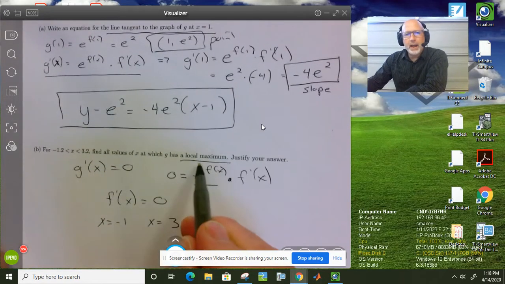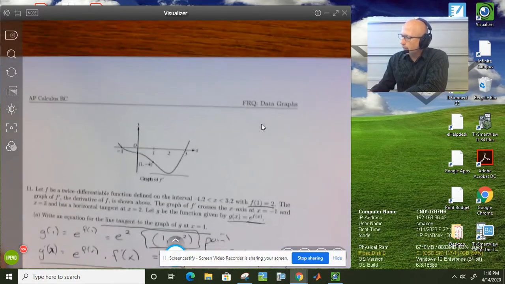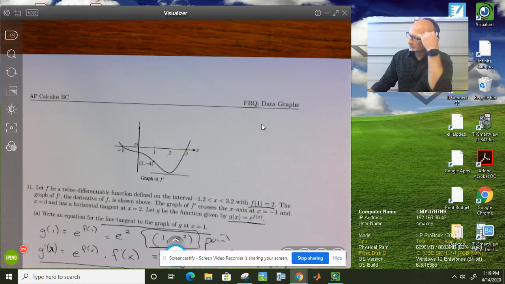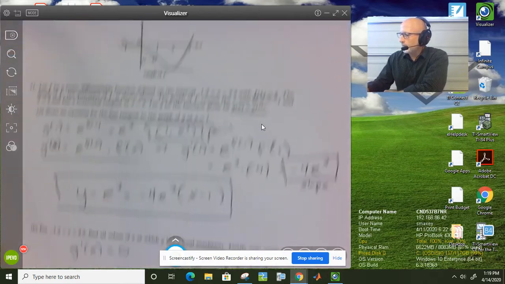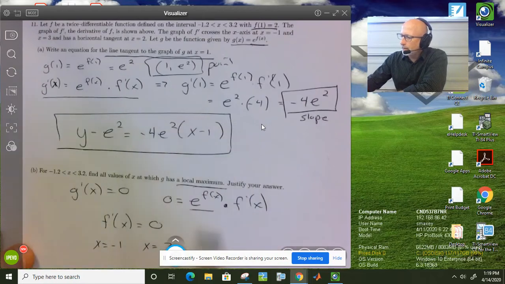Now I want to find a local maximum, so I need to know where the derivative goes from positive to negative. Since I'm finding a local maximum of g, I need to determine where g prime of x goes from positive to negative.